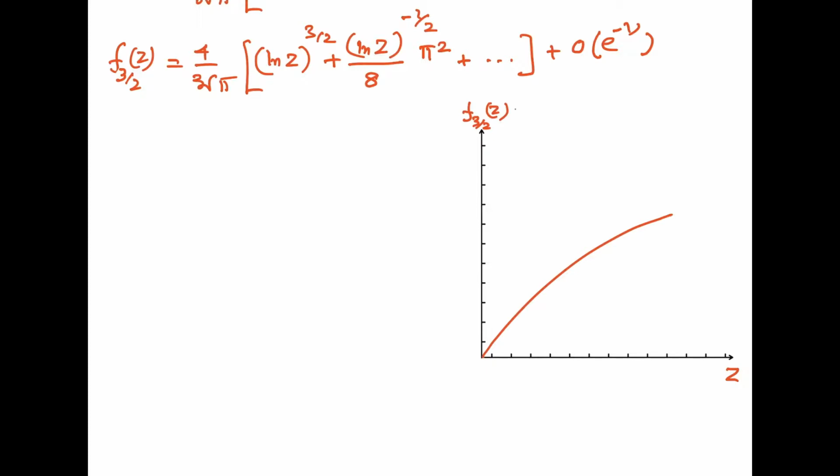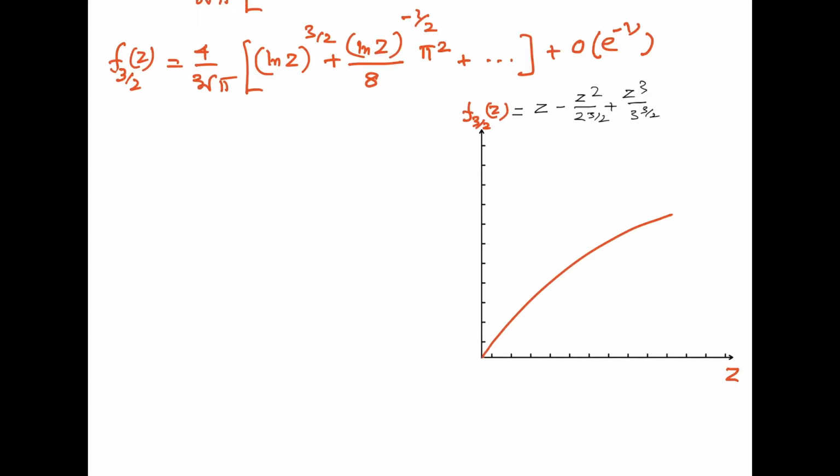We also know that this f3/2(z) is z minus z square by 2 to the power 3/2 plus z cube by 3 to the power 3/2, and so on. So to a first approximation, when we take only the first term, f3/2 can be taken as z.